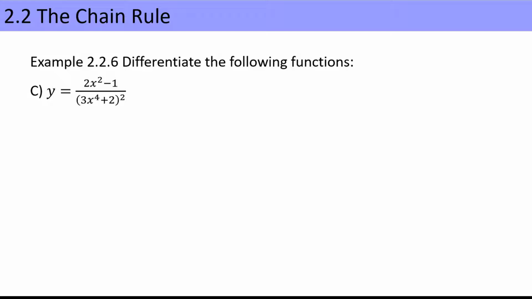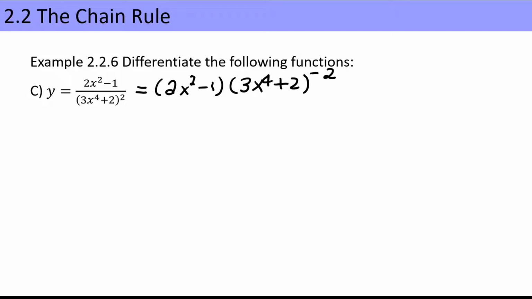One of them is the quotient rule, but since we're learning the chain rule, let's use that rule for this problem. To do so, we will rewrite this quotient as a product 2x squared minus 1 times 3x to the 4th plus 2 raised to the power of negative 2.